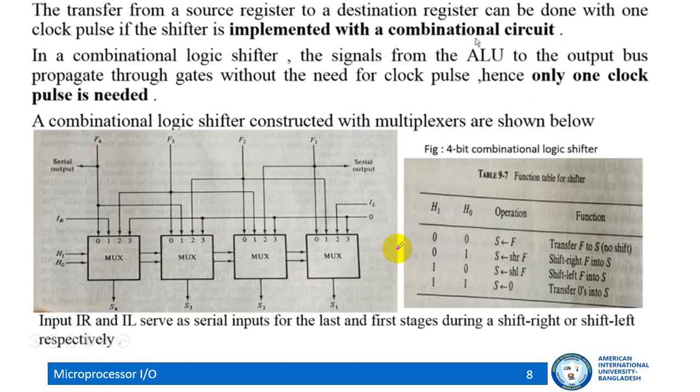If the selection pins are 1, 0, then shift right: you insert a bit over here and shift it to the right side, one by one. For shift left, you insert the bit in IL. This is the third way. When the selection pins are 1, 1, this is the fourth way: you simply send 0 to the output.